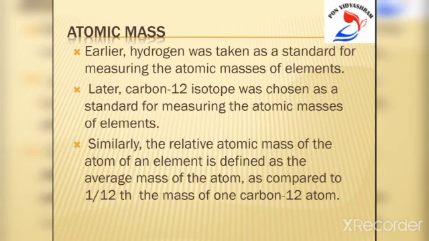This means that a carbon-12 atom has been assigned an atomic mass of exactly 12 u. Now, 1 u is equal to 1/12 the mass of the carbon-12 atom.